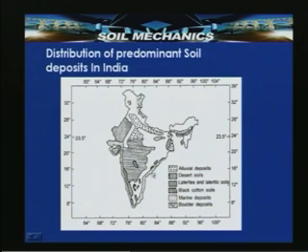You see here this particular legend which indicates alluvial deposits, and these are the desert soils, and parts of Kerala, and here are shown the laterites and lateritic soils, and here the majority of the portion is black cotton soils.